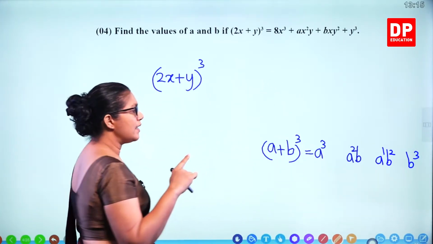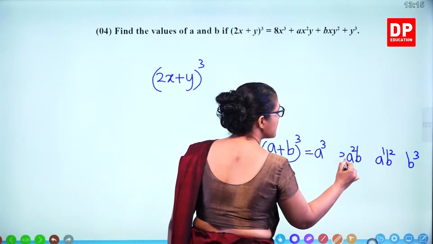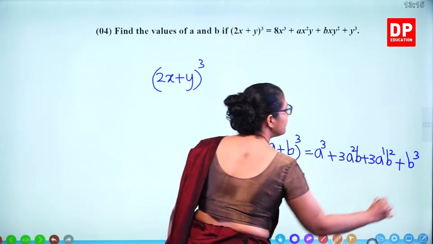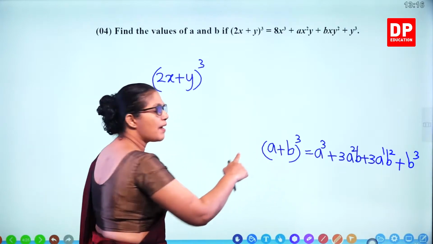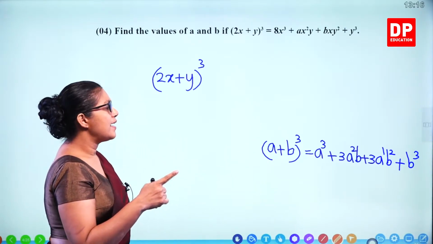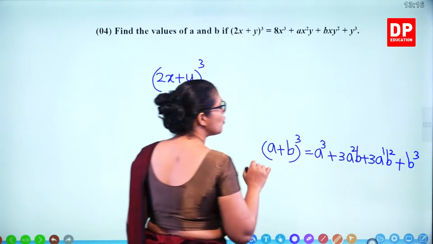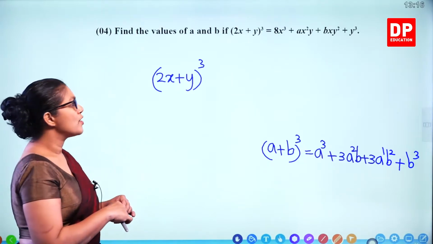So that's the order. For power 3, the coefficients are 3 and 3. Can you remember that? We can multiply 3 times and get this pattern. So you can use that to do this question.